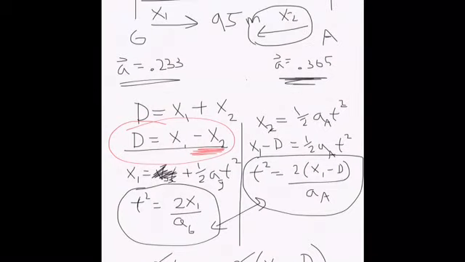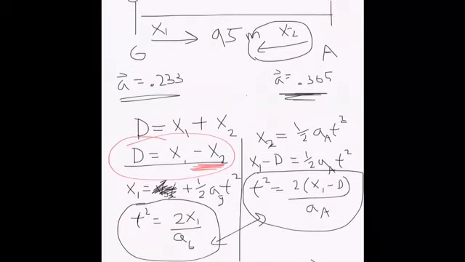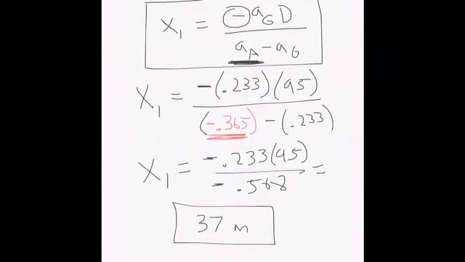If you use the first one, d is equal to x1 plus x2, you're going to get it wrong, because x2 has to be negative since we're moving in the left direction. So you have to use the one circled in red. And then when you plug in the acceleration, make sure you use a negative acceleration for Alfred, because he's moving to the left.